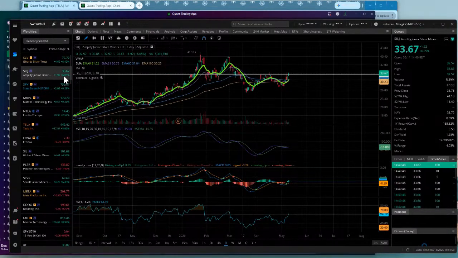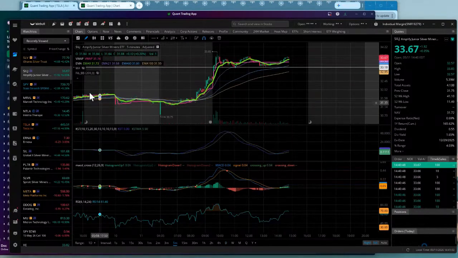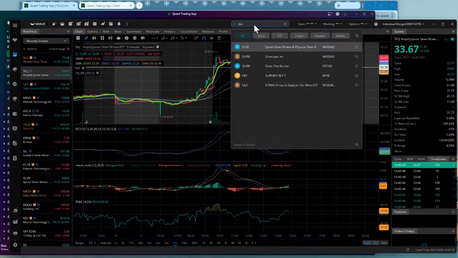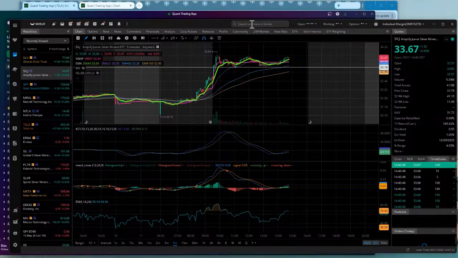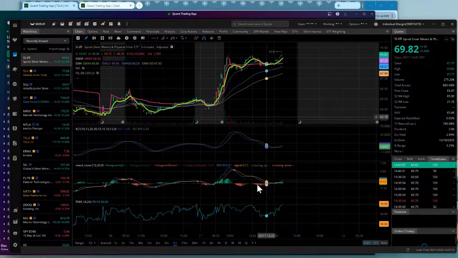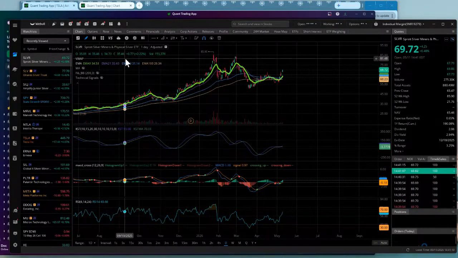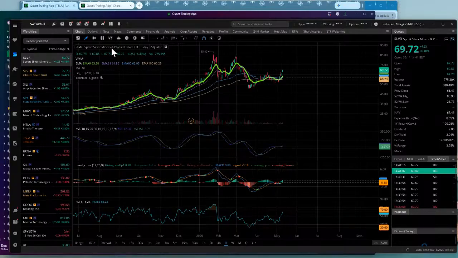This is the more volatile one, the juniors, the SILJ. There is one, what is it, SLVR, silver miners. It will give you exposure to the mines, and I think it's the more trusted, I guess you'd say, or the ones that have been around a long time.